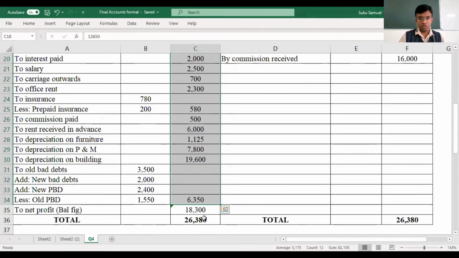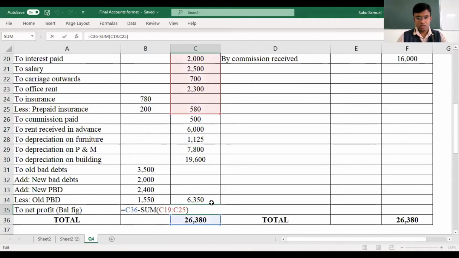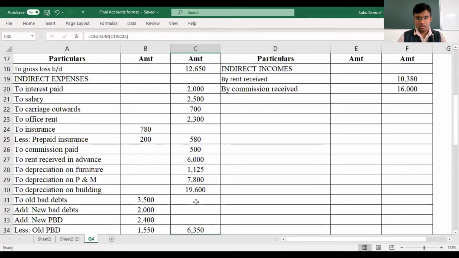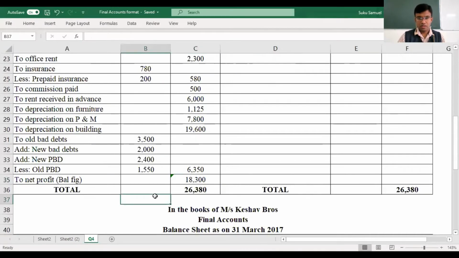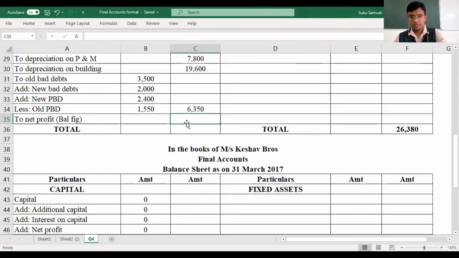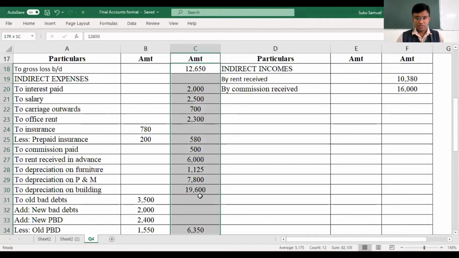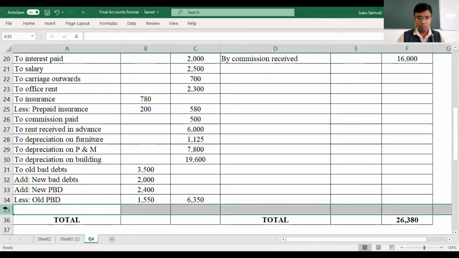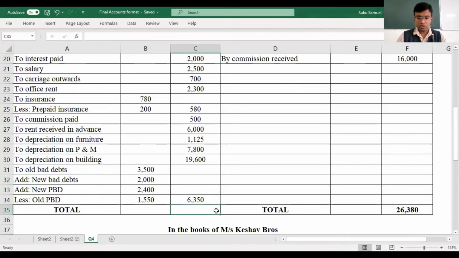If you look here in this question, you would notice that the debit side is more.